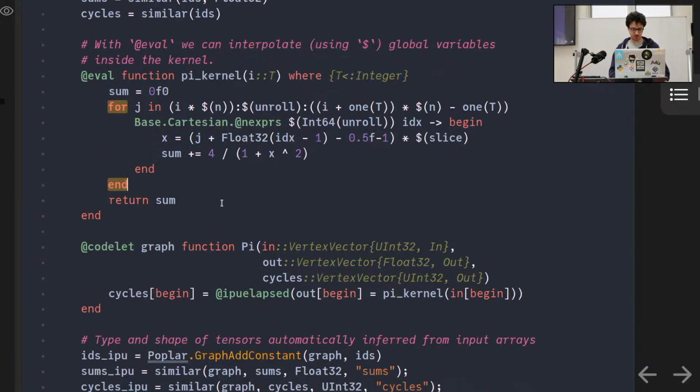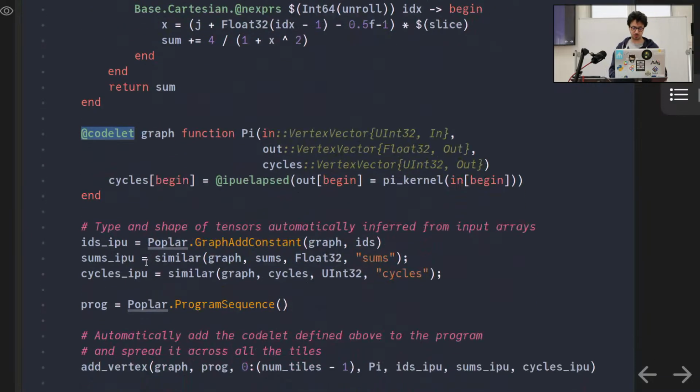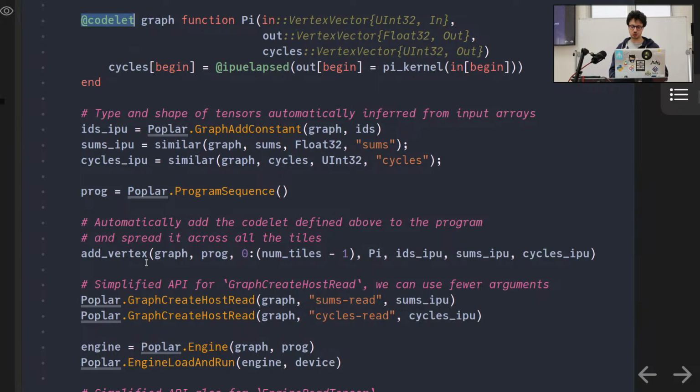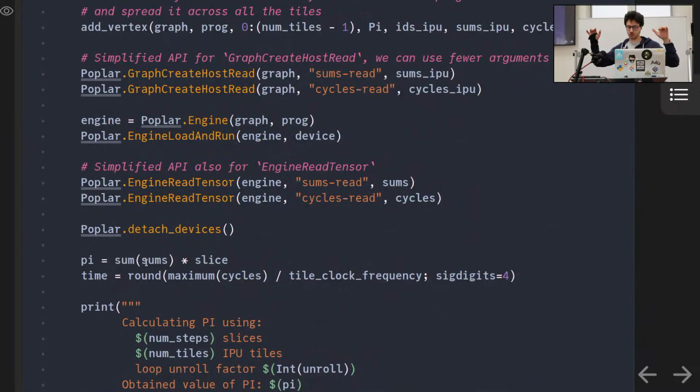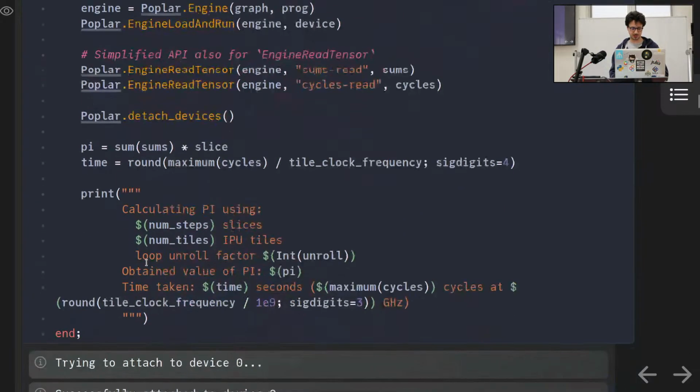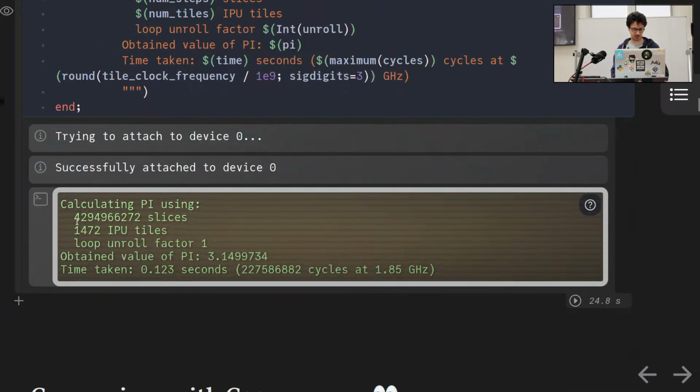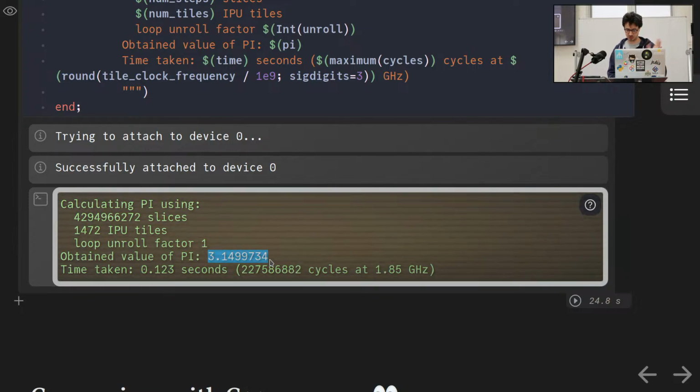With this @codelet macro, we are defining a kernel that will run on the IPU, and then we dispatch to all the tiles, so we are going to parallelize this computation over all the tiles, and get the result out. By using all these tiles, which are all of them for the IPU, we got this value of pi, of which the first 3 digits are okay, the rest is not good, but again, don't worry about this.